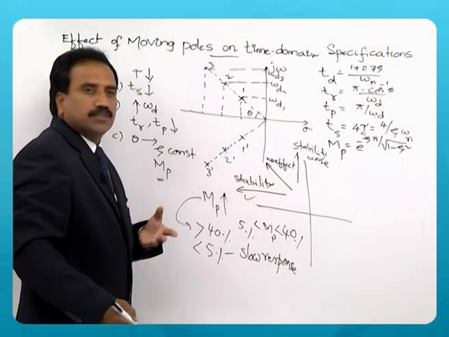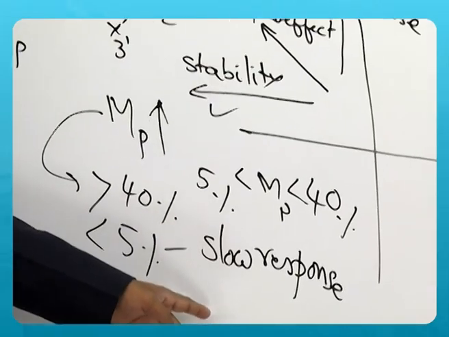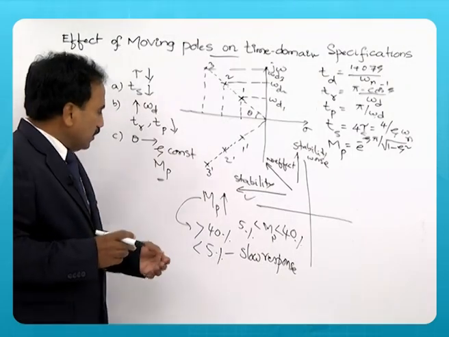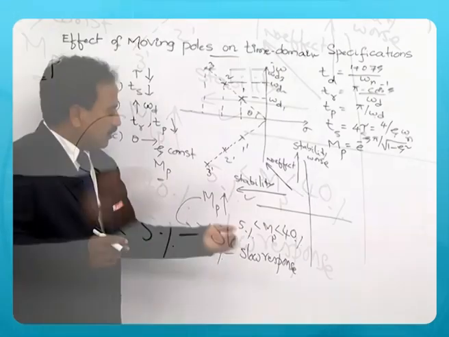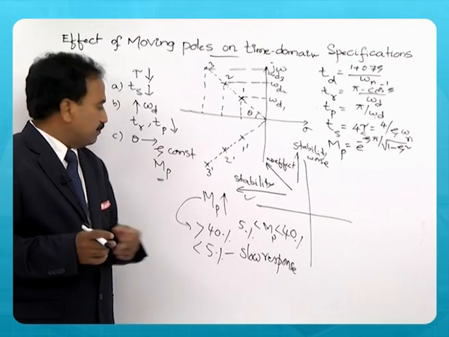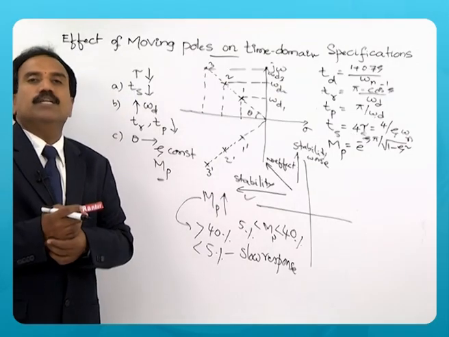There are two aspects to see in the time response: one is stability and the other is slow response. If it is less than 5% peak overshoot, the response is very slow. If it is greater than 40%, system stability is a problem.